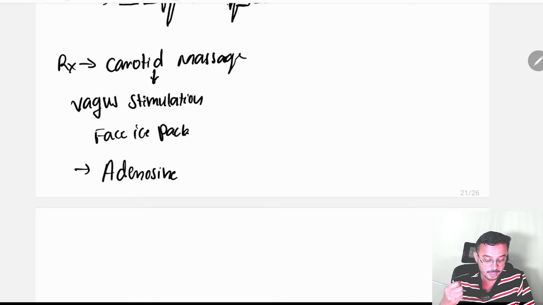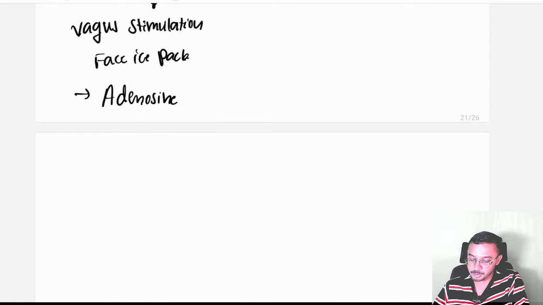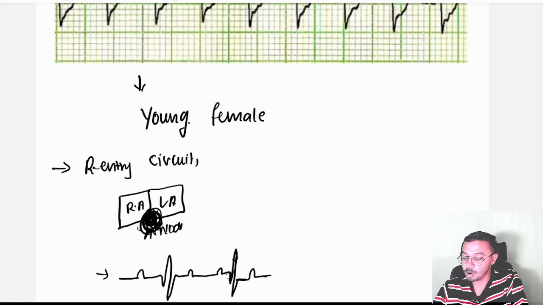Okay, this is how you can solve the question. And if the patient is unstable, then you can go with cardioversion also. So these are all about the treatment aspect over here. And next we move on to one of the most important. Oh, and one more thing I would like to mention in PSVT is Holter monitoring.